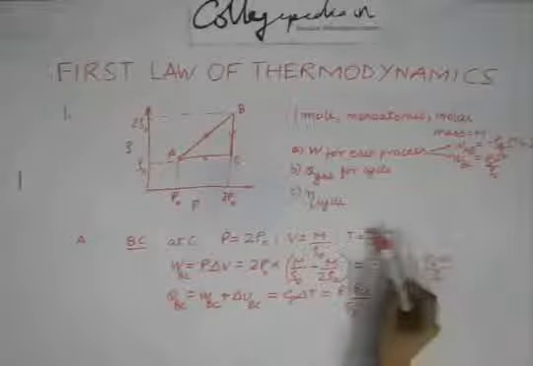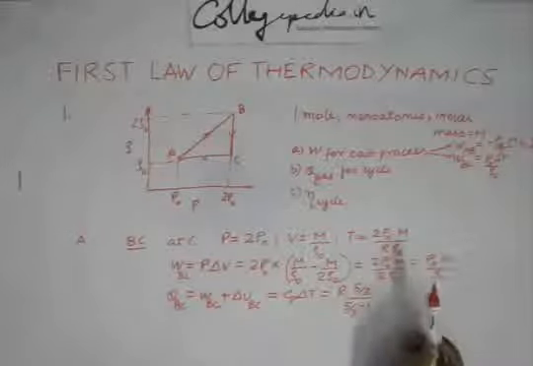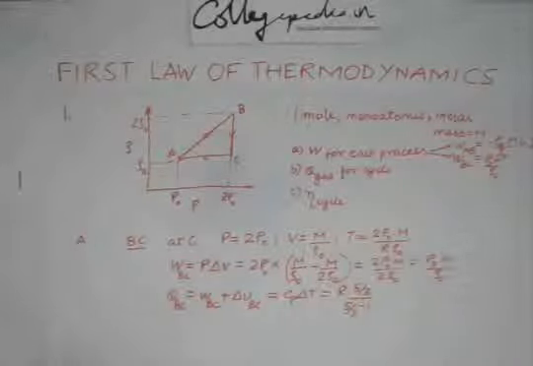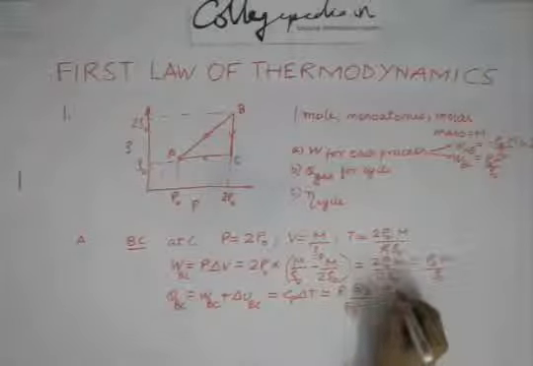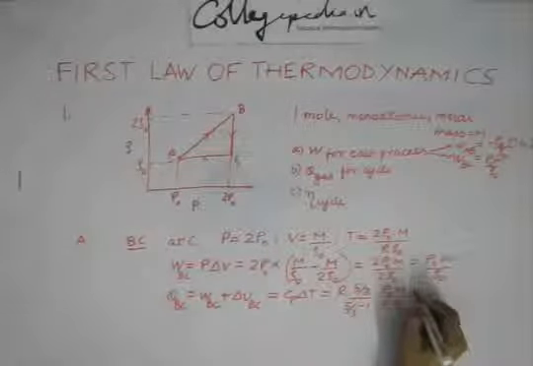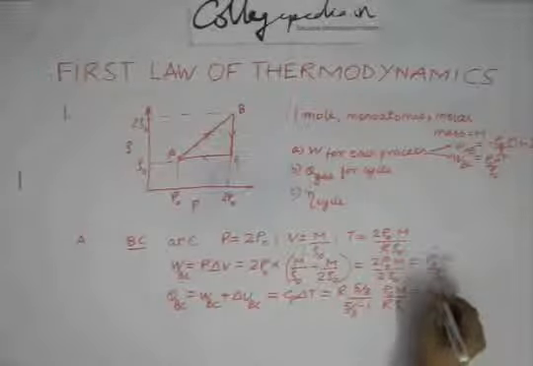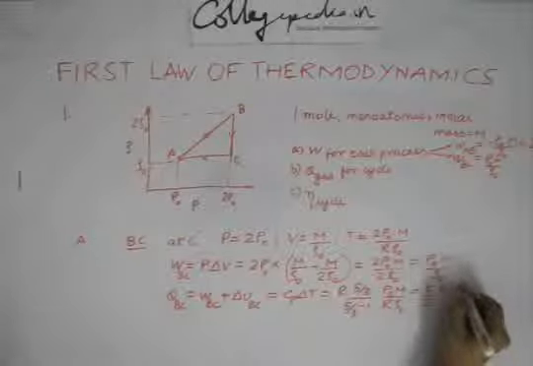The temperature now is 2 P naught M by R rho naught. The initial temperature was P naught M by R rho naught. So, sorry, there is an increase in the temperature. As the temperature is getting increased, the net change in the temperature is P naught M by R rho naught. This quantity is going to be nothing but 5 by 2 P naught M by rho naught.